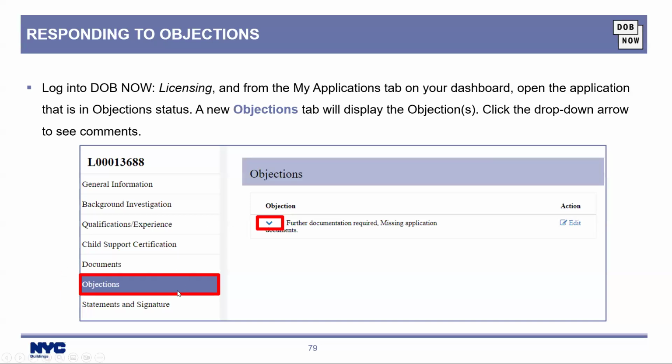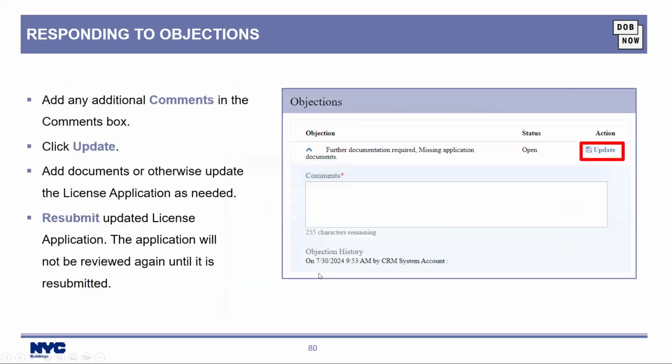Once you do that, you will see a new tab showing up in your application, and that is the Objections tab. In the Objections tab, you will see what the objection is, and you can click the drop-down arrow to see the comments. You will need to make the changes to your application, say, in this case, uploading the correct document.